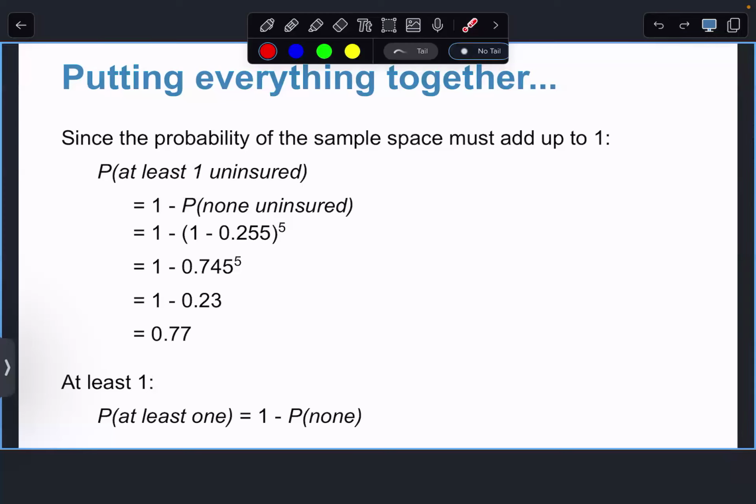So we use this quite a bit where we know that the total probabilities have to add to 1, right? If I've taken everything into account in my sample space, it has to add to 1. So then the probability that at least 1 is uninsured is 1 minus the probability that none of them are uninsured. And so this is using the complement.